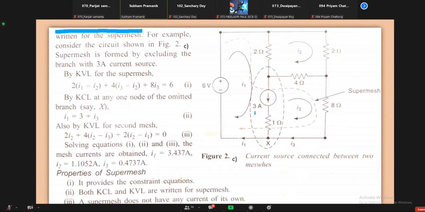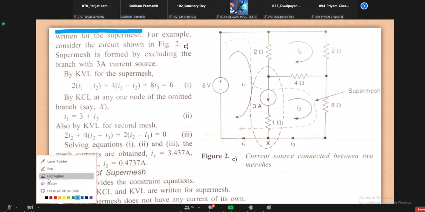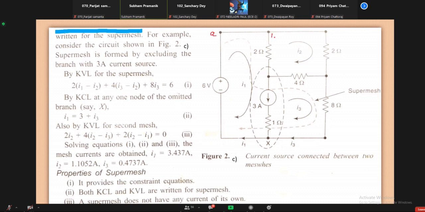So an example is given now. Now try to understand what is happening. Suppose I name these nodes A, this is B, this is C. Let's say this is D. These two are the same node.